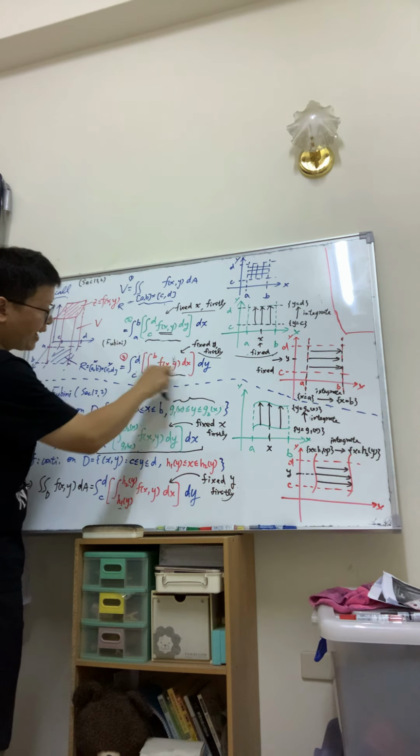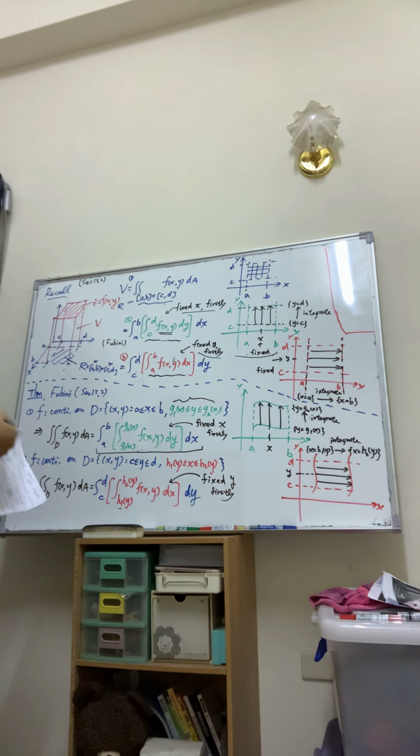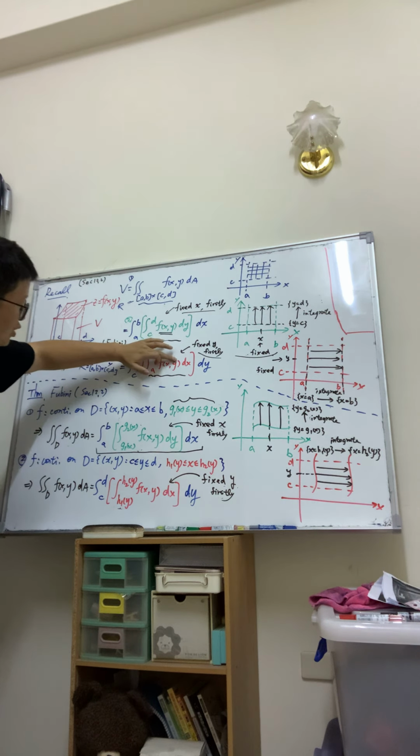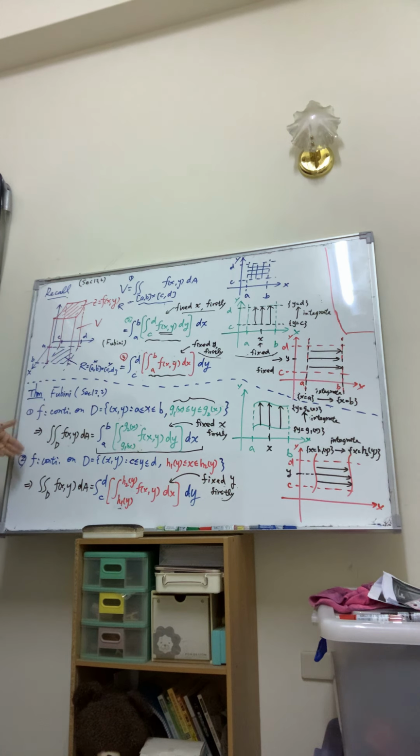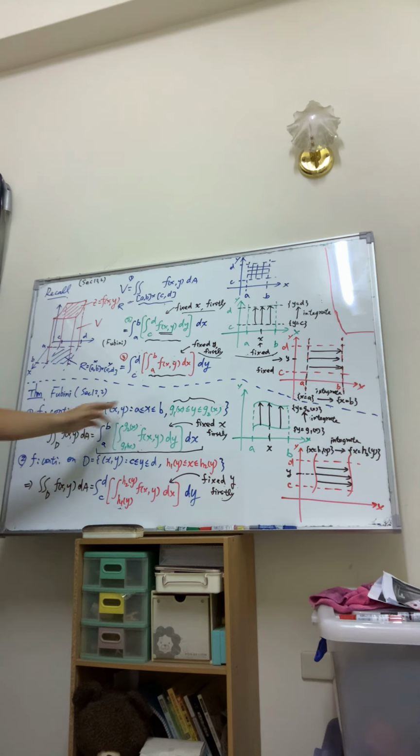Now if we change the region, we have a general result, but for the general result we still have the Fubini theorem. The double integral is also equal to a repeated integral. But now the general region is probably not a rectangle, so you should know how to write down the D.